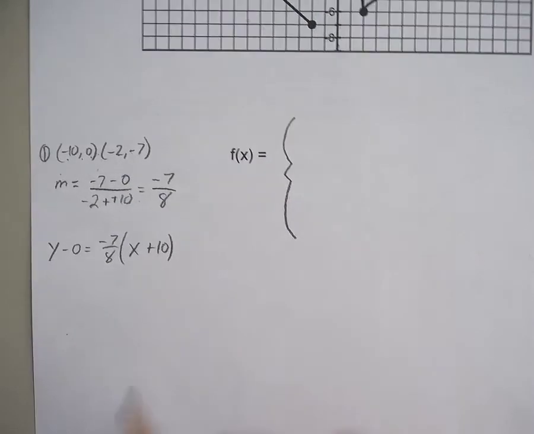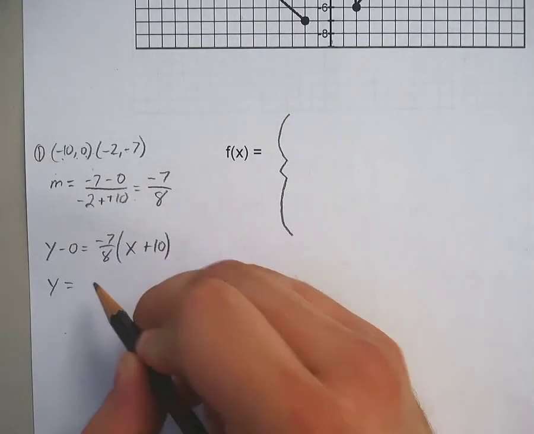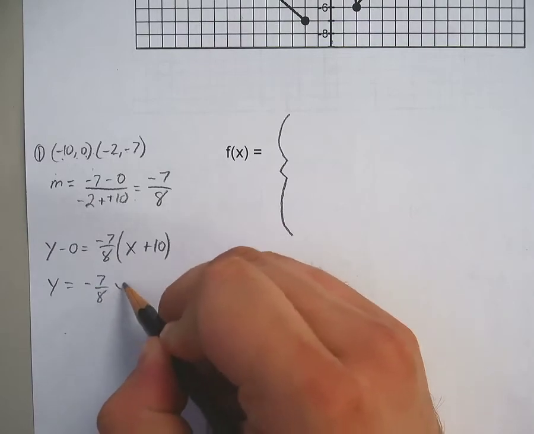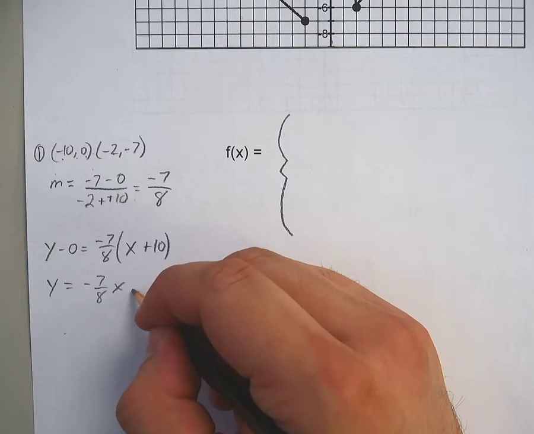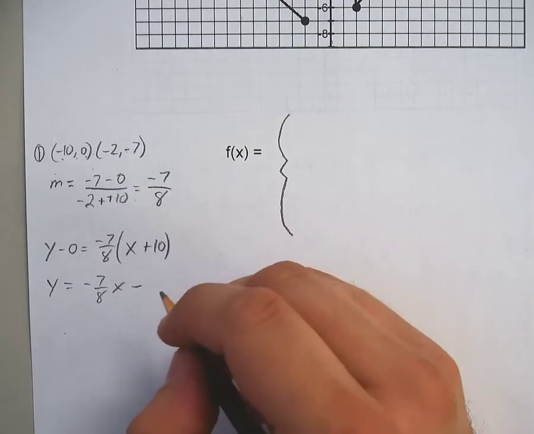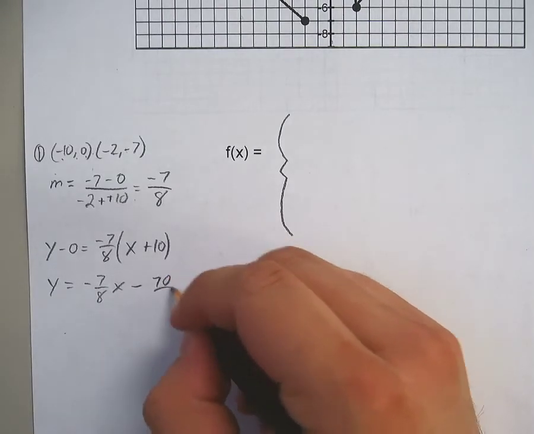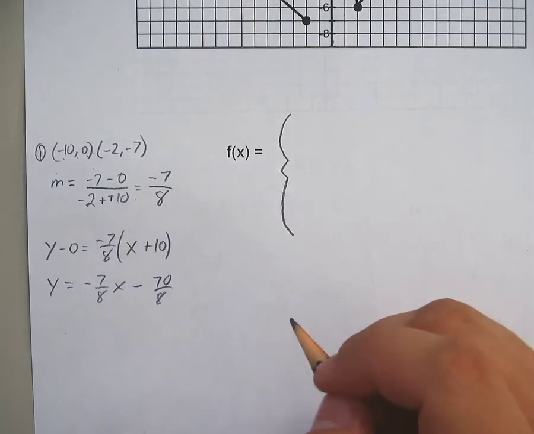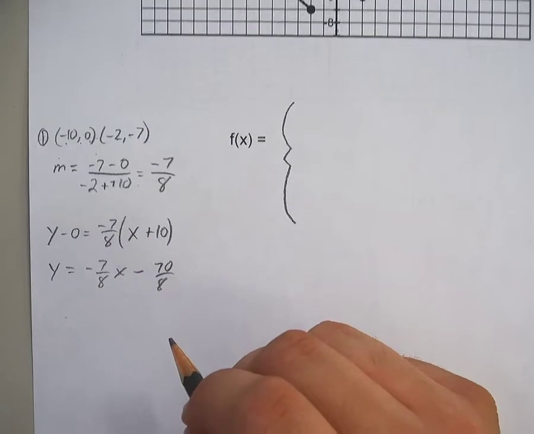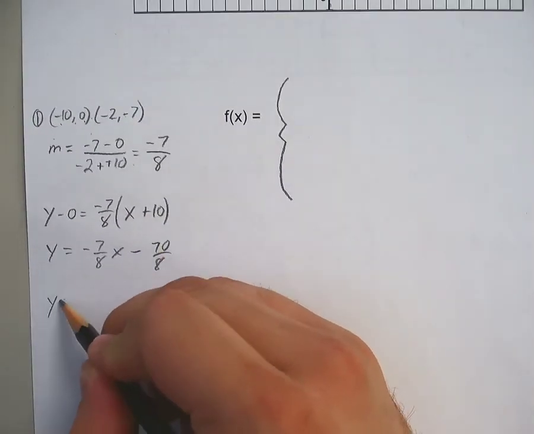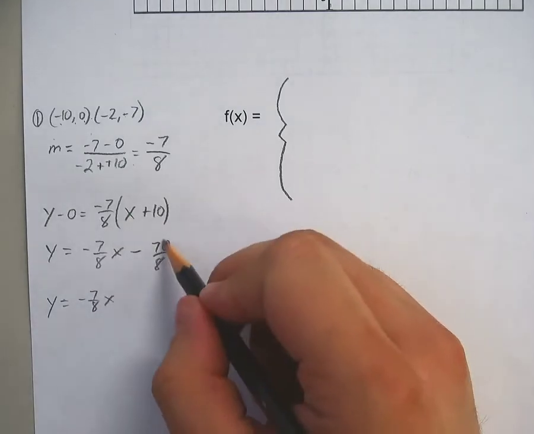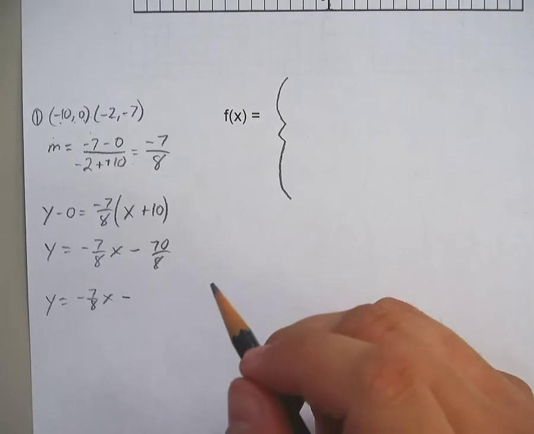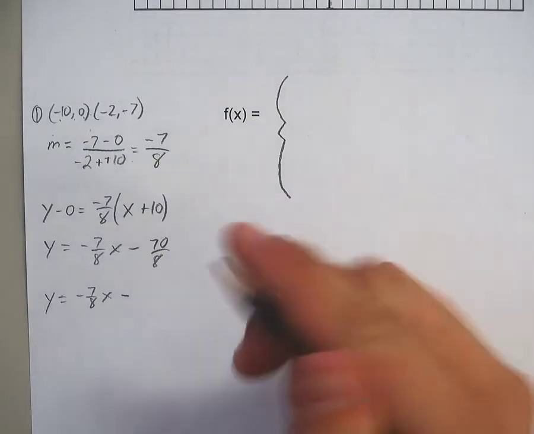Okay, so this is going to be y equals negative 7/8 x, and this is minus now 70 over 8. Just multiply that by 10, that's 70 over 8, or negative 7/8 x, see, 70 over 8. Both are divisible by 2, so that'd be 35 over 4.